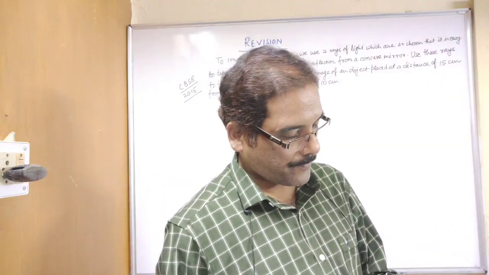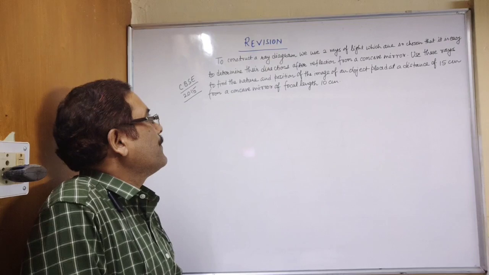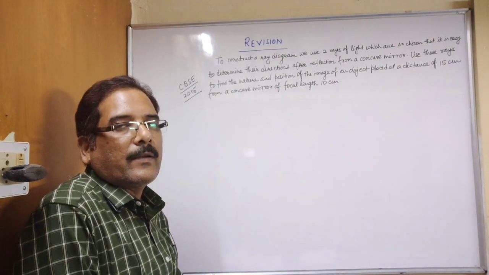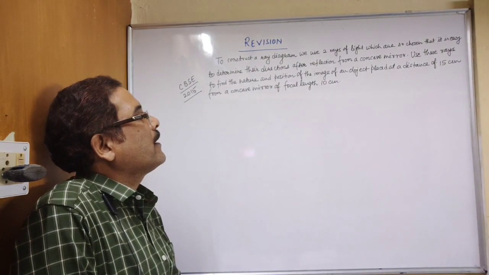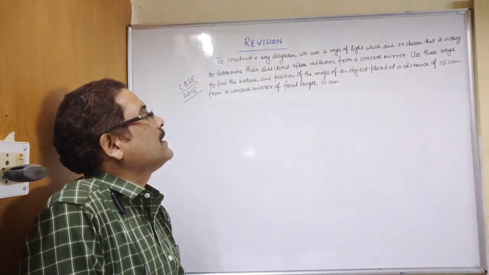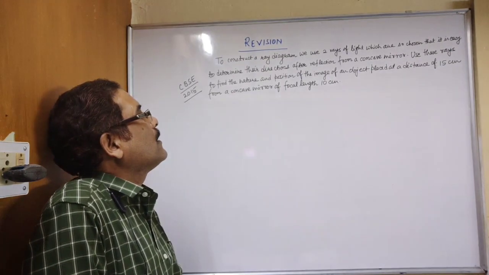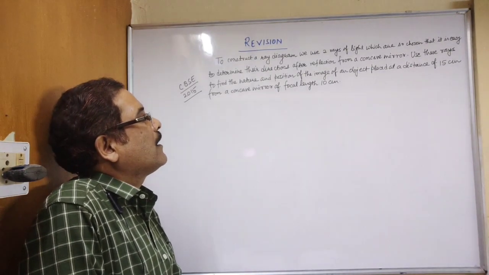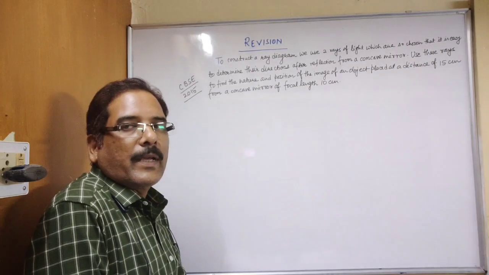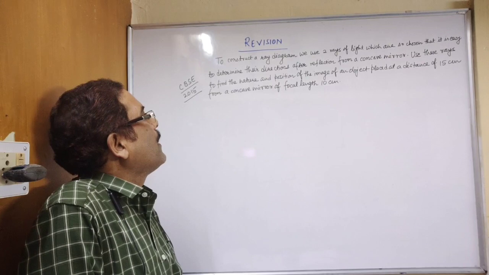So let us read the question carefully. Yes, it is true that whenever we have to draw a ray diagram, we take two light rays only for simplicity, and these rays are chosen so that after reflection we can get an image easily.